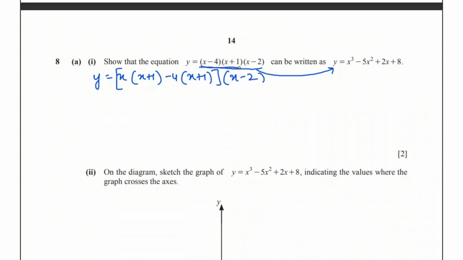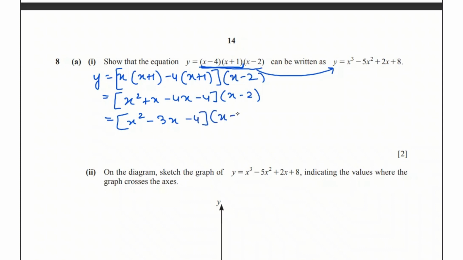First we will simplify these two brackets, so x into x plus 1 minus 4 into x plus 1. So this will give us x square plus x minus 4x minus 4, into x minus 2. So this becomes x square minus 3x minus 4, into x minus 2.